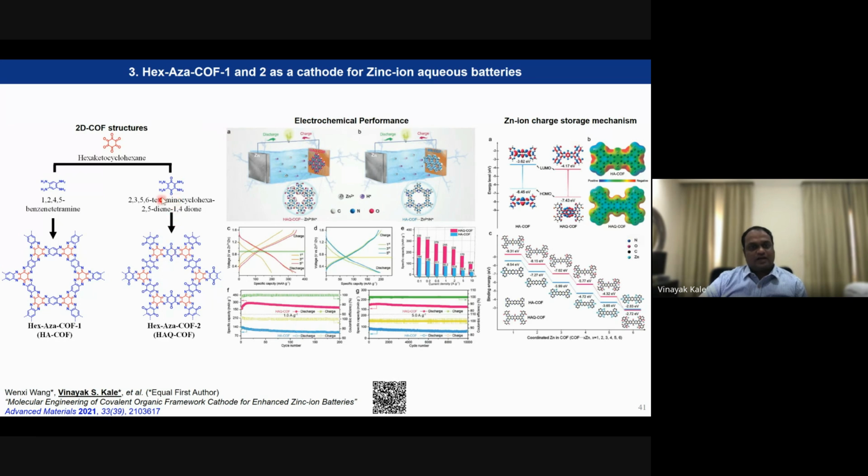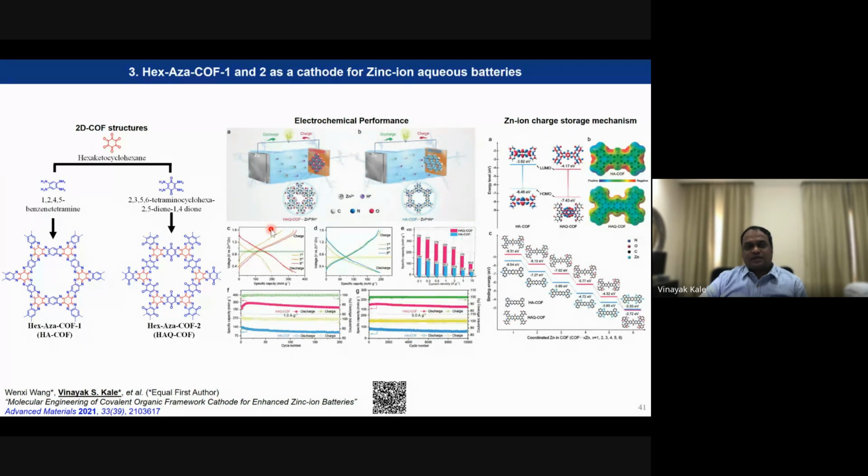So we start with this tetraamine which contains diketone, and we reacted with this hexaketocyclohexane, and we could get two different COFs exactly, with the presence of this diketone or the quinone and without any quinone. So we could compare between these two COFs.